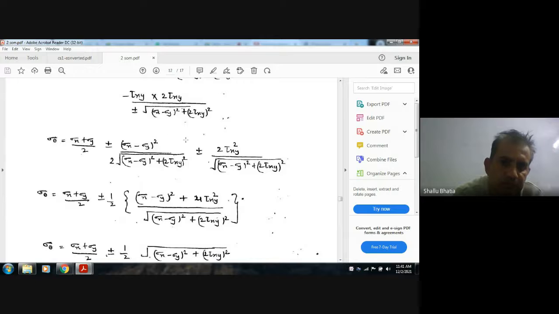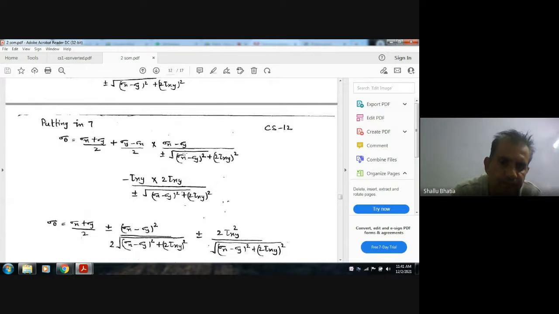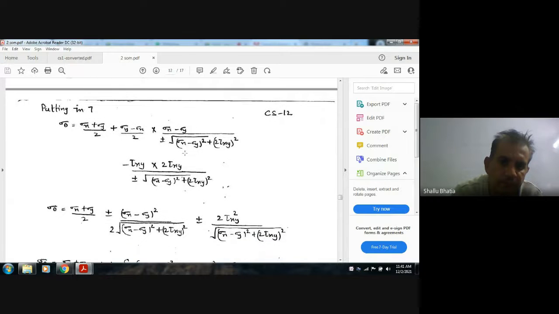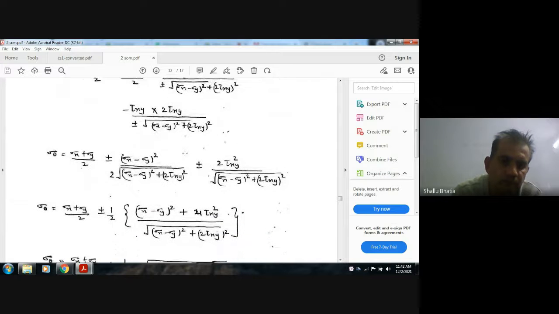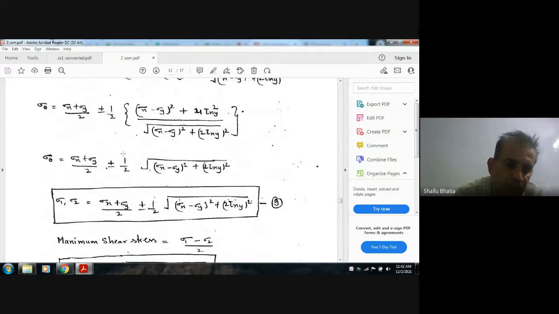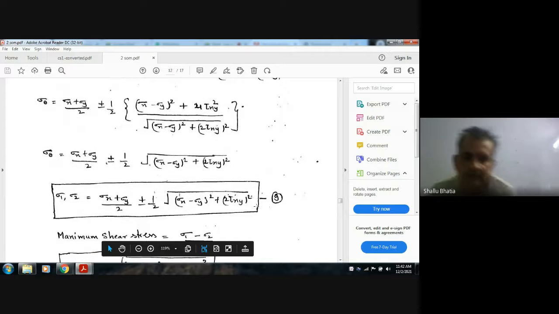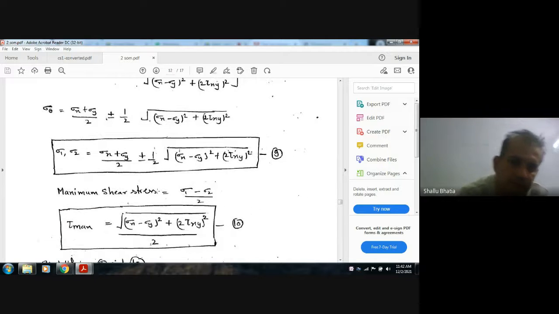The LCM is same, so we can find out the formula for normal stress: sigma x plus sigma y by 2 plus minus 1 by 2 root of sigma x minus sigma y square plus 2 tau xy square. Okay. So plus is for maximum normal stress, minus is for minimum normal stress. And maximum shear stress is the difference of the two divided by 2. This is the maximum shear stress.